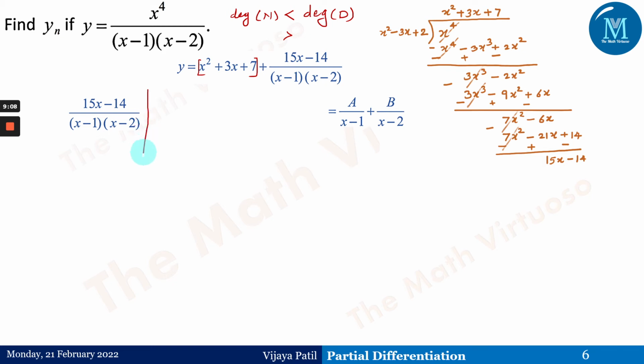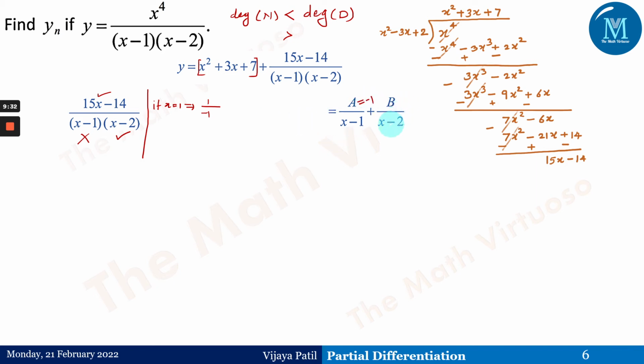We are using the hiding method to get the values of a and b. To get the value of a, we need x equal to 1. If x is equal to 1, we put x equal to 1 in the numerator, not in the denominator bracket. So it is 15 minus 14, which is 1, upon minus 1, so we got a equal to minus 1.